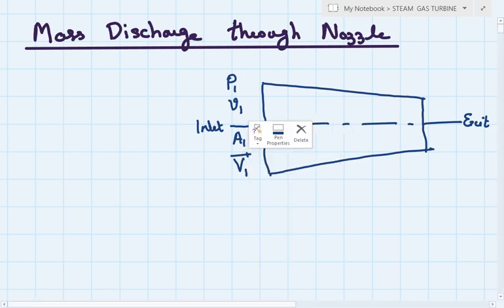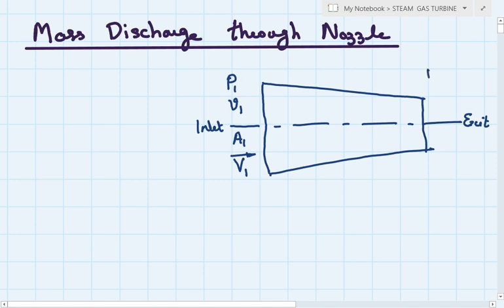So these are the parameters which are very important for the steam to flow into the nozzle. So pressure, specific volume, area, and velocity.